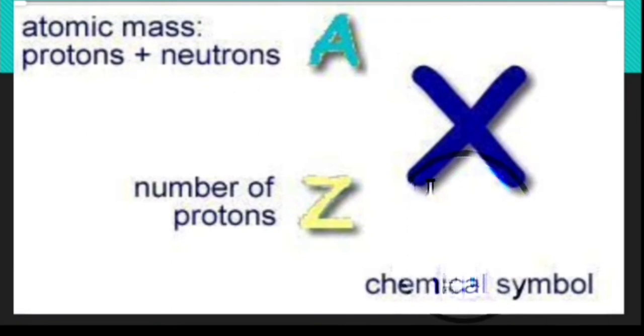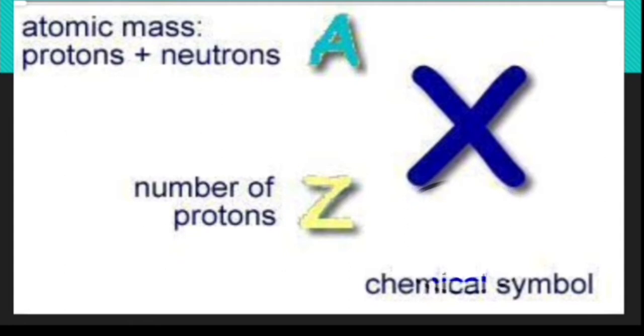In this image, X represents the chemical symbol of an element, where a symbol is defined as the shorthand representation of the name of an element. A represents the mass number or the atomic mass of this element X. Mass number is defined as the total number of protons and neutrons present, so it is also known as the nucleon number.